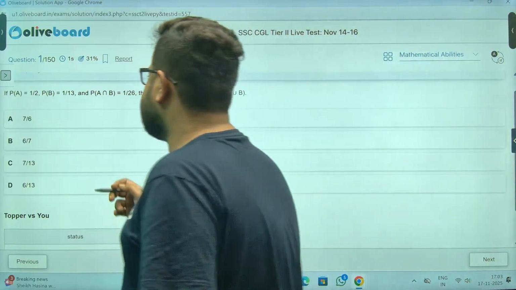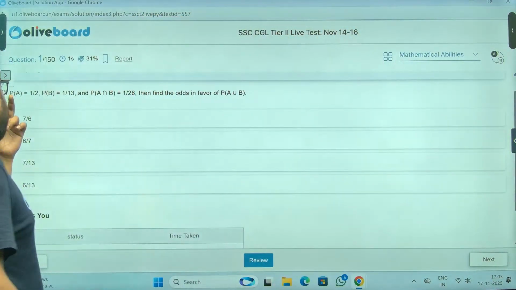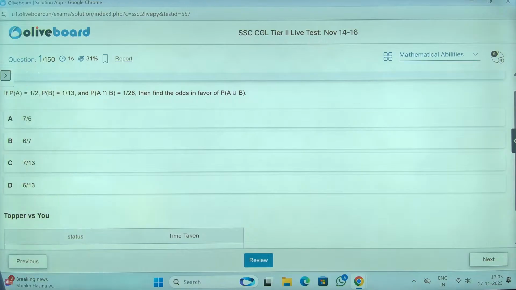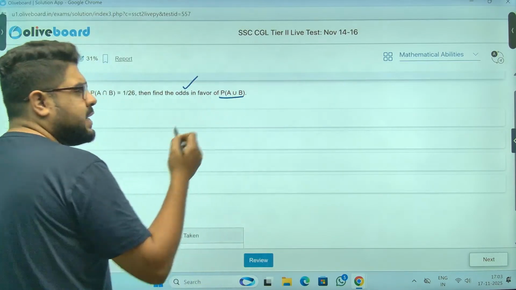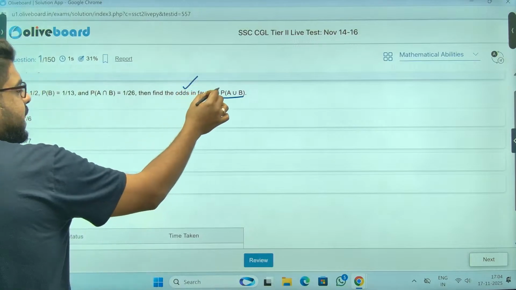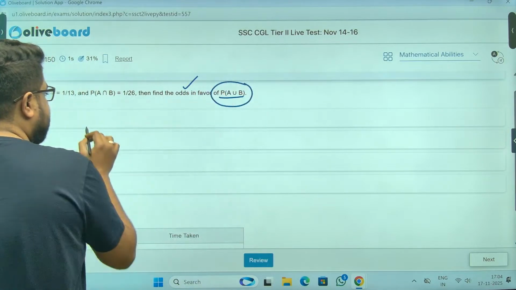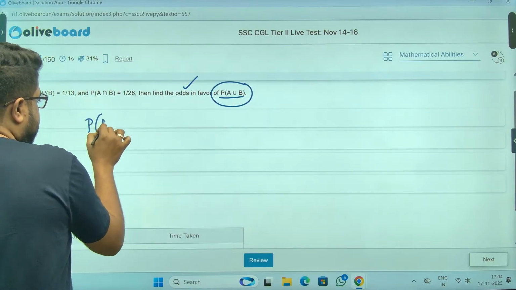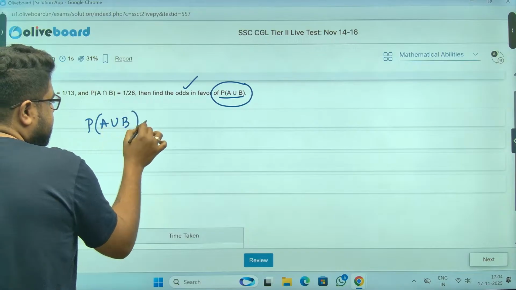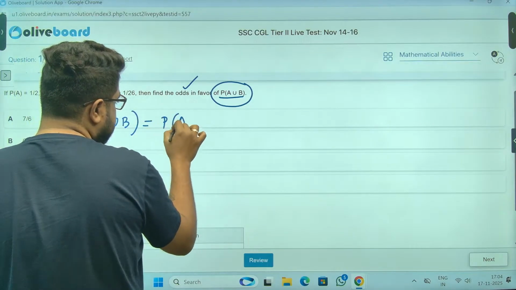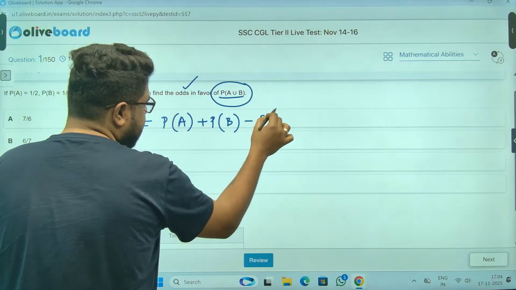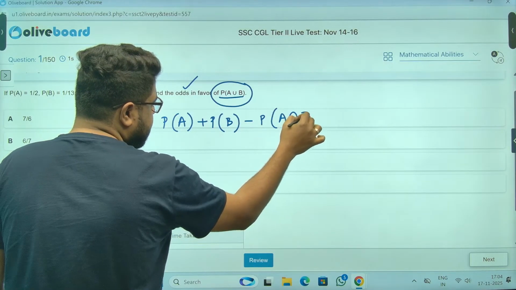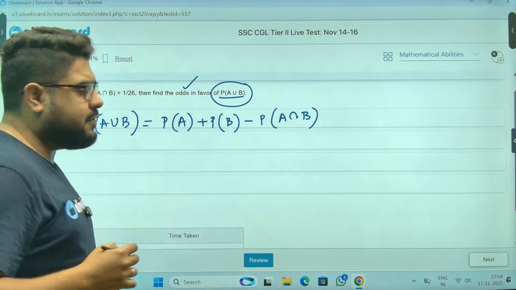First question based on probability. P of A, P of B given, and the intersection given. We need A union B, and odds in favor. We'll get to odds later. First, let's figure out P of A union B. That is P(A) plus P(B) minus P of A intersection B. We get this very easily from the Venn diagram.